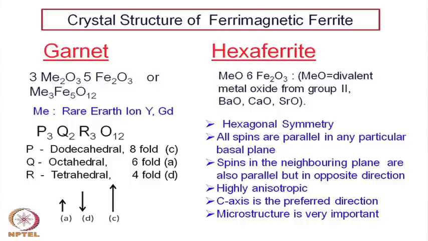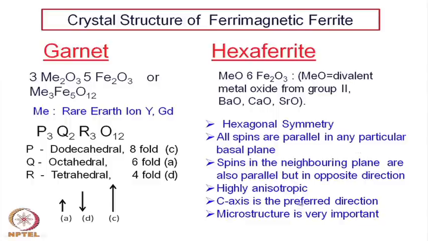One particular plane has a parallel orientation, the magnetic moments of all the ions are directed in the same direction, whereas the neighboring planes have a different orientation. So, it is an antiparallel orientation, but of a slightly different nature. All spins are parallel in any particular basal plane. The spins in the neighboring plane are also parallel, but in the opposite direction.